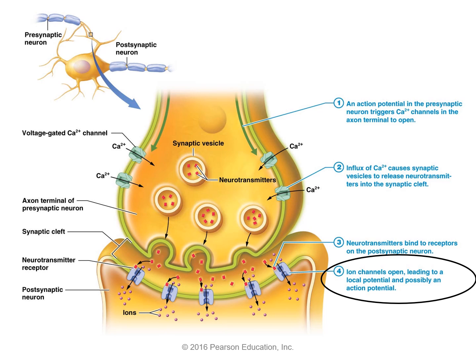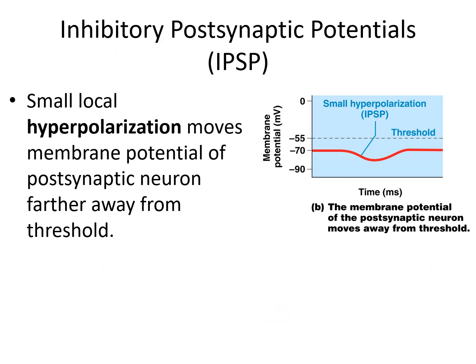It opens and leads to a change in the membrane potential from this local potential. Notice that it may possibly form an action potential. Okay, so these local potentials do not guarantee an action potential, because it has to make sure it reaches threshold. Okay. So those are excitatory postsynaptic potentials.